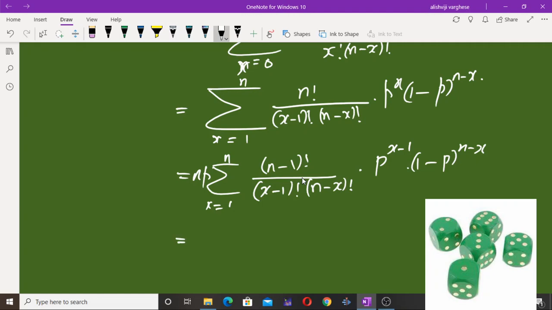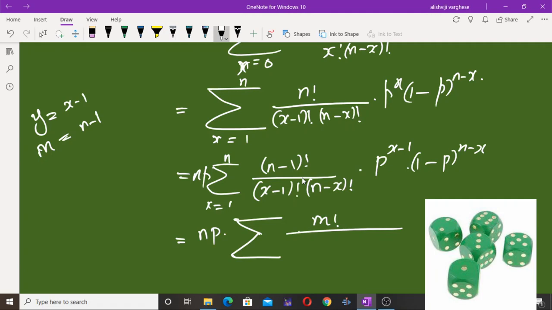Now I'm going to make a substitution as y equal to x minus 1, m equal to n minus 1. So this expression becomes np into, I just make this change only in the summation part, m factorial divided by y factorial into (m minus y) factorial, since n minus x is equal to m minus y.